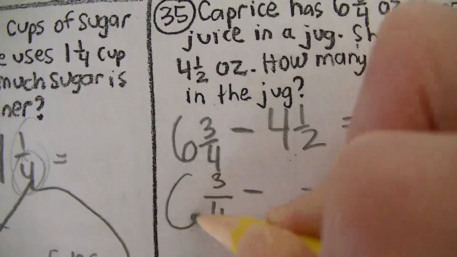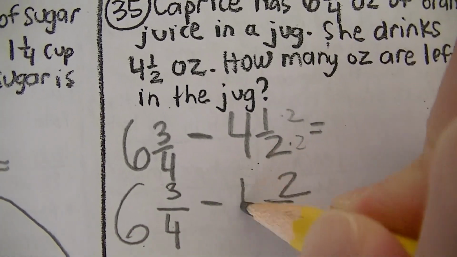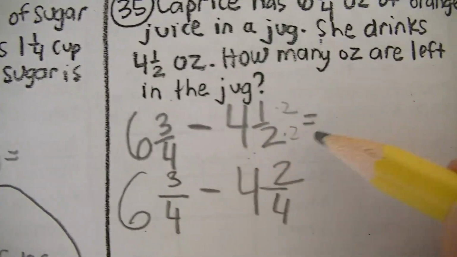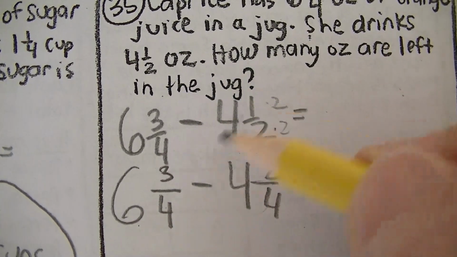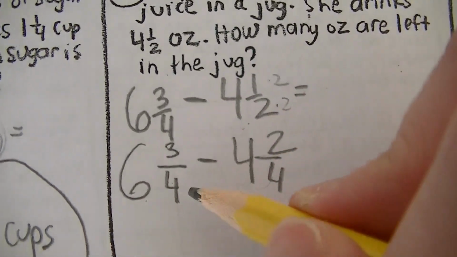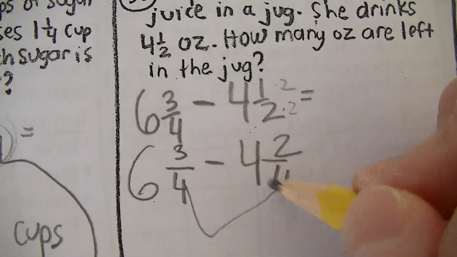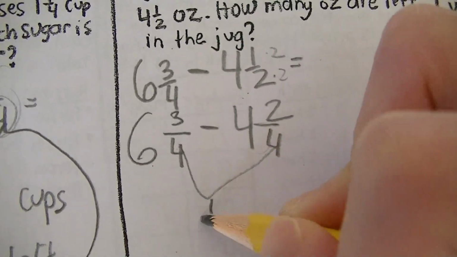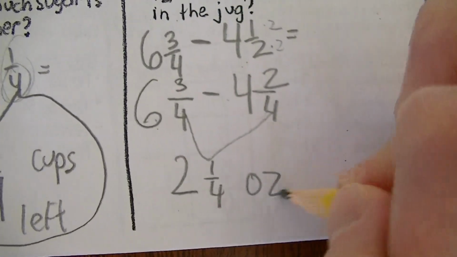So that one stays the same, and then this one times 2 over 2. So 6 3/4 minus 4 2/4. That 4 2/4 is the same as 4 1/2, so this is the exact same problem. It's just more manageable and easier. So 3/4 minus 2/4. Now that they're common denominators, that's 1/4. 6 minus 4 is 2. 2 1/4 ounces left.